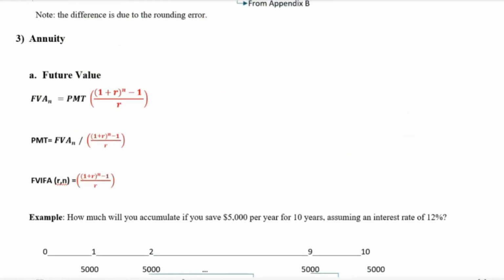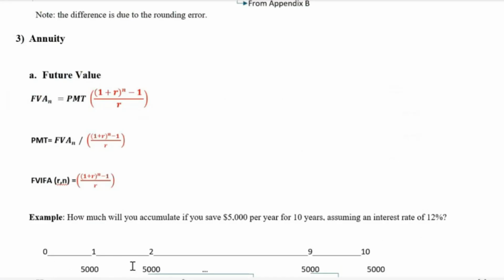So this is our third formula, the future value annuity formula. With it, you can solve problems like if you save an equal amount year by year, how much money you accumulate in the future. Of course, the interest rate needs to be given.